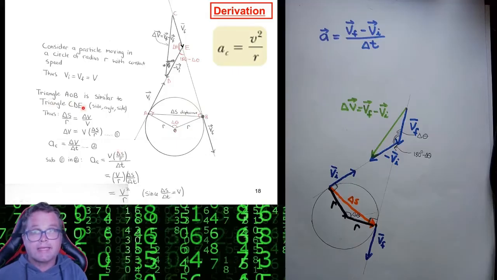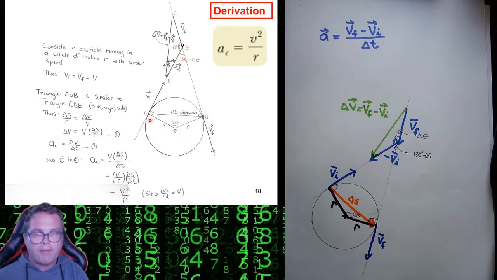Now, the next step of the derivation refers to two triangles. The first it mentions is triangle AOB. That's this triangle here. And they say that it's similar to triangle CDE. So the two triangles are similar. And the reason for that is side angle side.